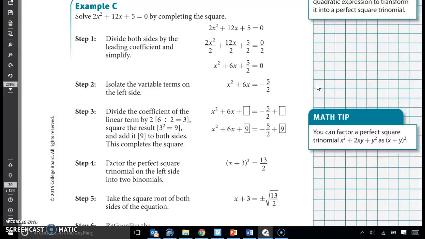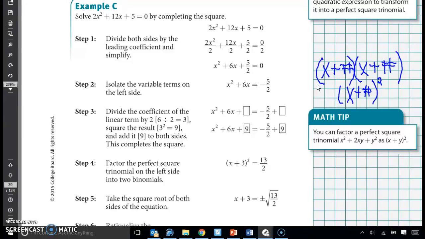We're going to create the same thing on this side. We want 2 parentheses that are exactly the same. We want both our parentheses to be x plus some number, and we want it to be the same for both, so that it is that binomial squared. So when it says completing the square, that's the form that we want.